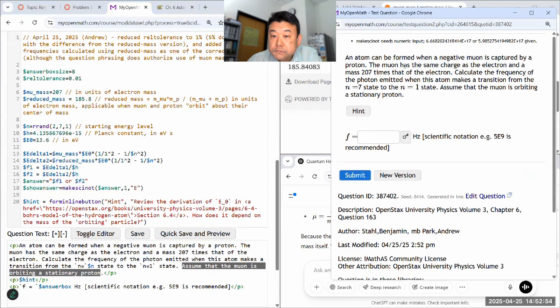Oops. Mexina needs numeric input. Oh, so this will be 4, 1.